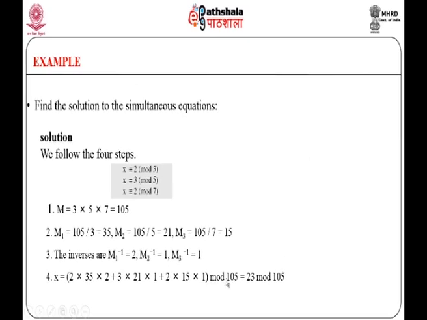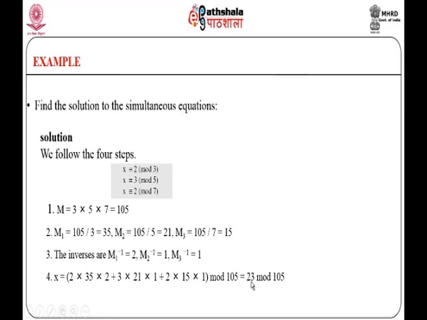Once I do the multiplication of these values, it is taken mod 105, where 105 is the common value you obtained in the first step of the theorem. After multiplying these values, we get a value which needs to be divided by 105 to get the remainder, which is nothing but 23.